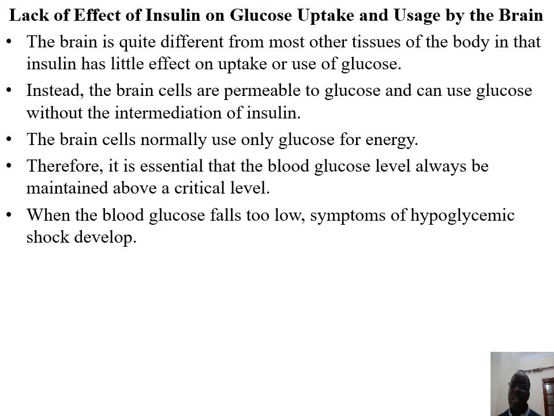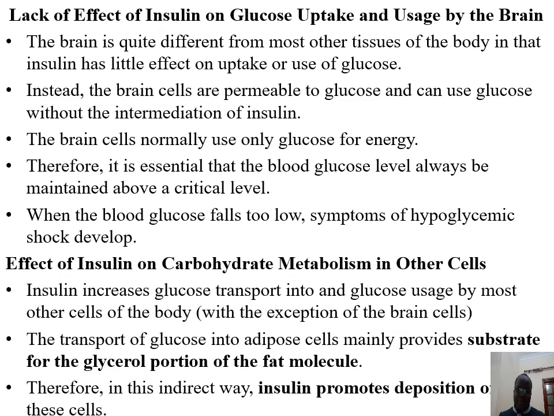So the glucose has to be maintained above a certain critical level, because if it goes below that, then a person can actually faint, because the neurons are not accessing enough glucose. They won't have energy for metabolism. Then you can go into a coma because of that.